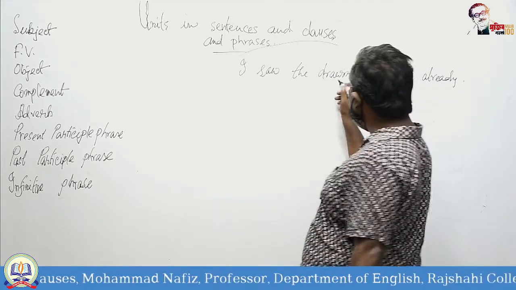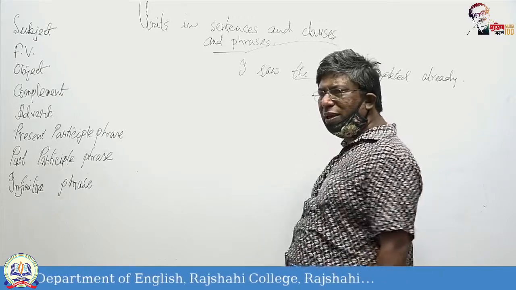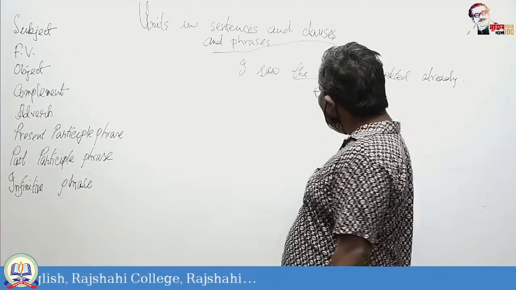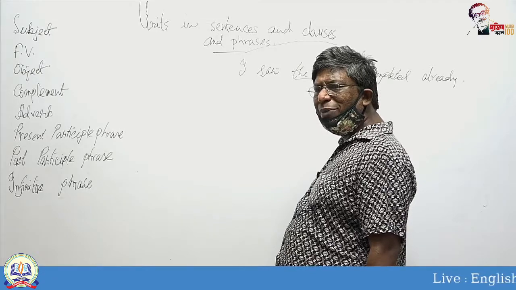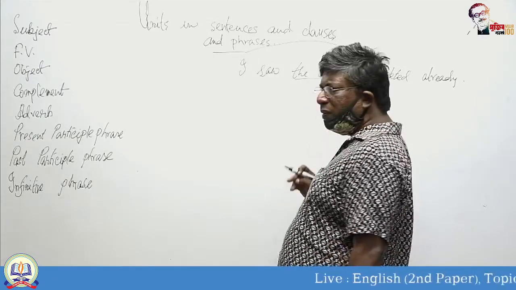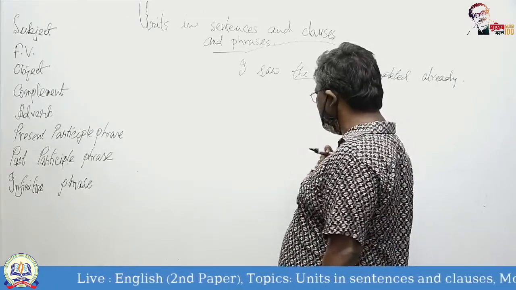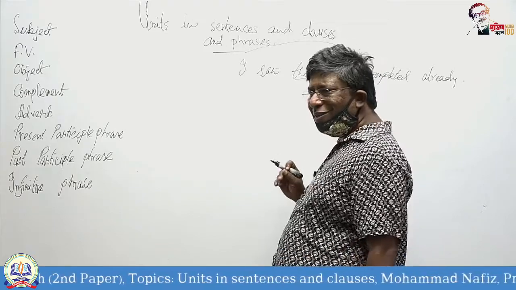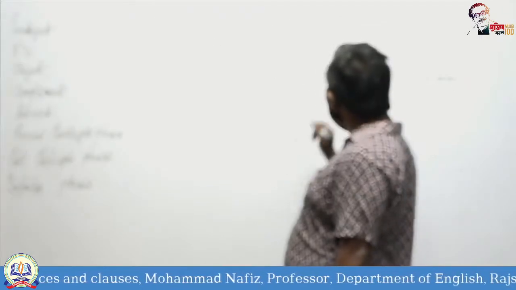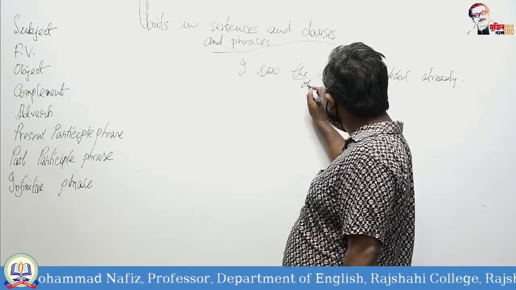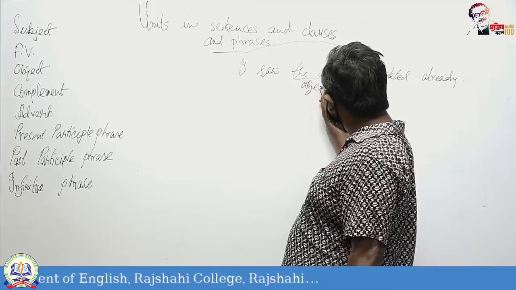Here drawing follows the article the, therefore it has become a noun phrase. And I told in the previous class that whenever ing is added with the base form of the verb, the word is called a gerund. Here the drawing is a gerund, functioning as a noun, and it is functioning as the object of the sentence. If you want, you can make the sentence passive.